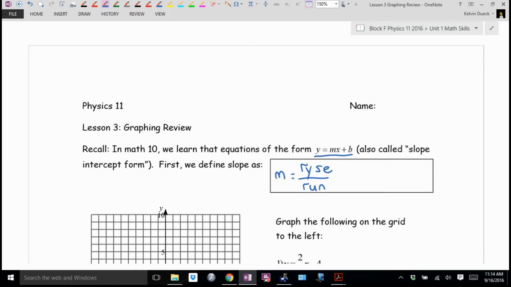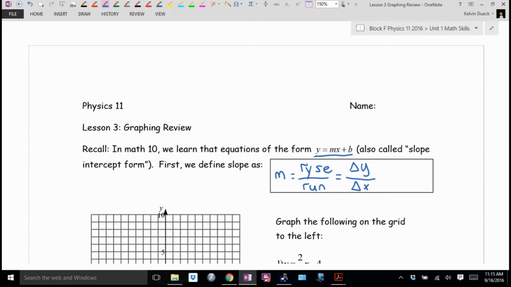So rise is the wise, is the vertical, rise over run. You also learn another way to write it is triangle y over triangle x, although we don't say triangle. What do we call that? Because it's a Greek letter and we want to sound nerdily cool. Okay, delta. I will say delta because high nerd factor. But what does the delta symbol mean?